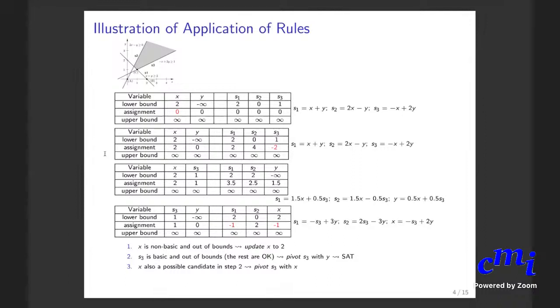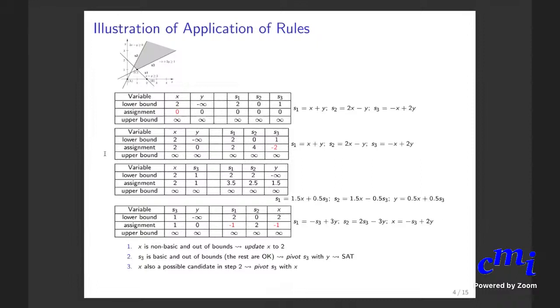Okay, that is this one. Then x plus y has to be greater than or equal to 2. Okay, that is one constraint. This is 2x minus y, and that has to be greater than or equal to 0.